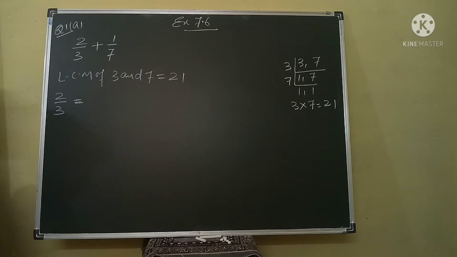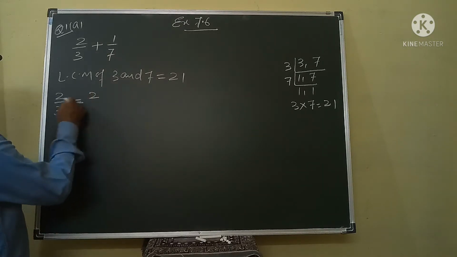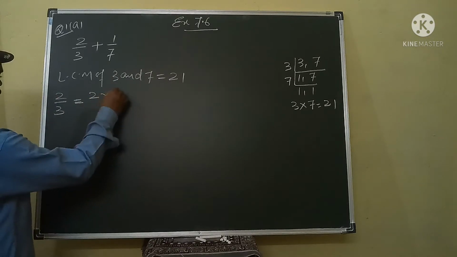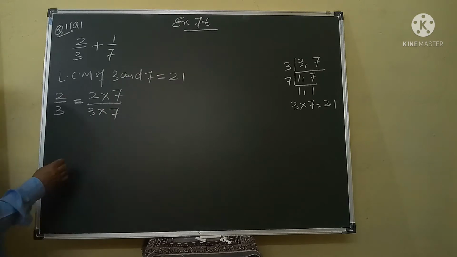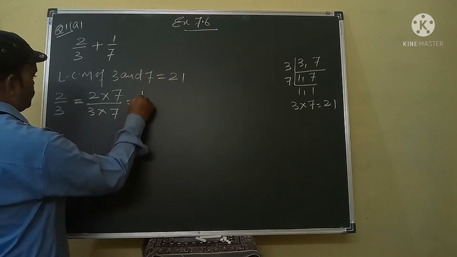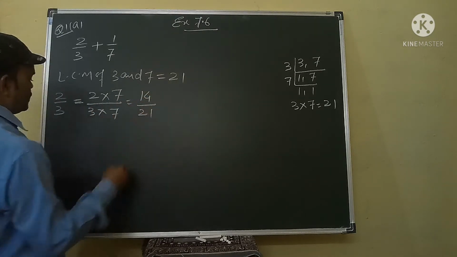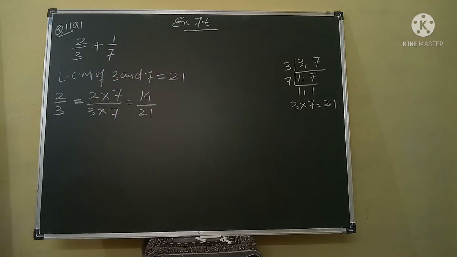That means 3 multiplied by 7. 3 7s are 21. So in numerator and denominator, multiplied by 7. 2 7s are 14, 3 7s are 21.